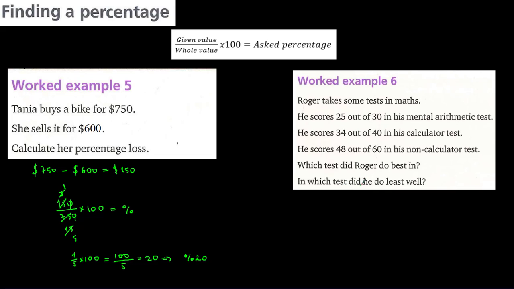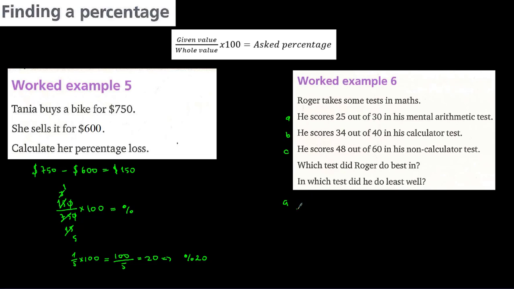In which test did he do least well? So I'm going to compare these, and I'm going to find the percentages. For the first one, let's say this is A, this is B and this is C. It's obvious that in A he made 25 out of 30, which means he lost 5 points.